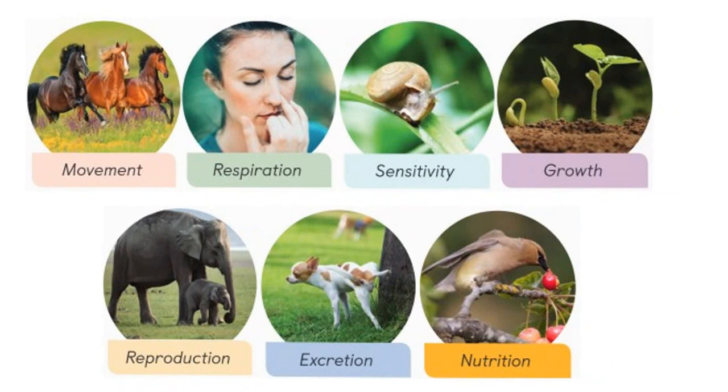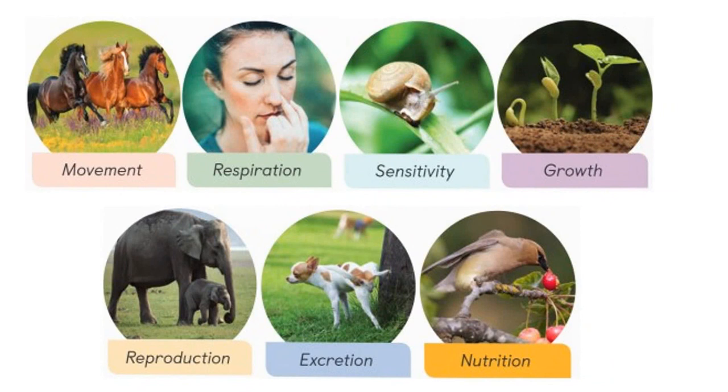In the previous class, we studied 7 important characteristics of living things. What are they? Movement. Living things move. Respiration. Living things breathe. Sensitivity.